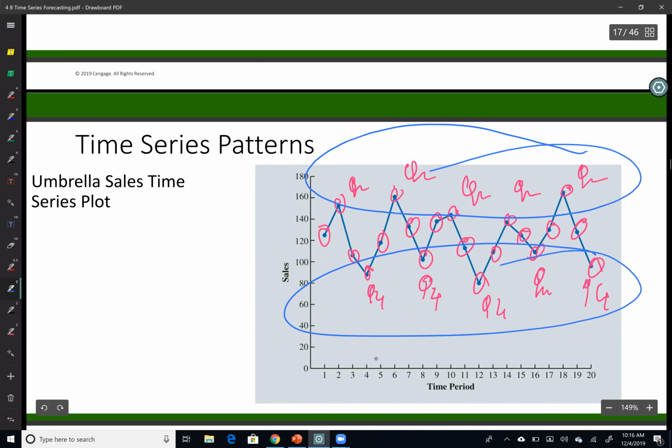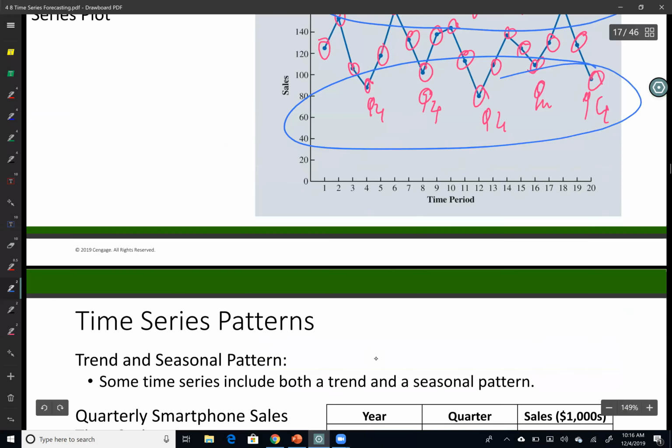So that means that there's something going on in quarter 2s. Maybe I'm giving special discounts on quarter 2s, or maybe quarter 2 for this company is the Christmas time or holiday season. So in this kind of data set, you cannot just use a trend line or horizontal line to explain data, because you need to consider the seasonal patterns to adjust your forecast.